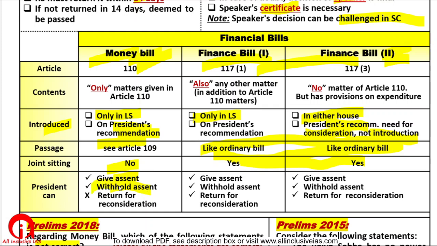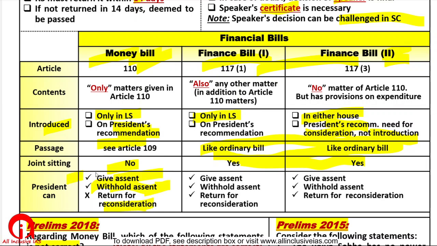Some people think that withholding means delaying, using the veto power. No, that pocket veto is a different thing. Not taking any action is a different thing. Withholding assent means saying that I am not going to sign it. Either you give your assent or you refuse to give your assent. The president cannot return it for reconsideration.